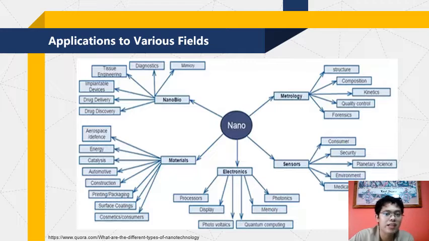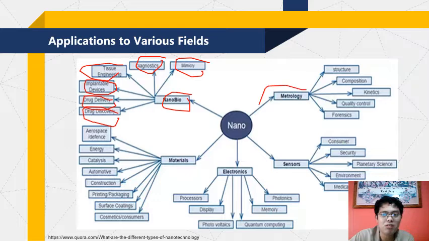Like, for example, in nanobio, nanoparticles, nanomaterials and even nanodevices are heavily applied in mimicry, diagnostics, tissue engineering, implanting devices, drug delivery, and drug discovery. For metrology: structure, composition, kinetics, quality control, forensics as well.